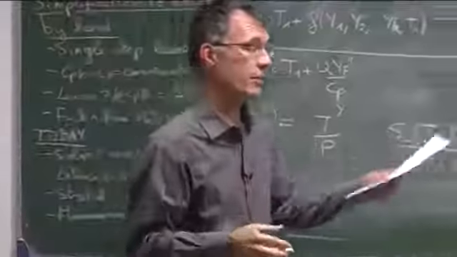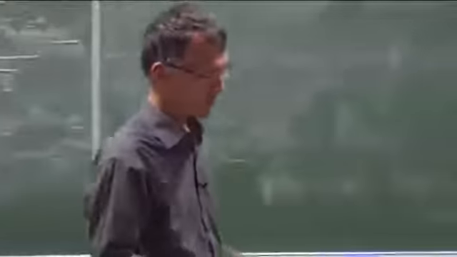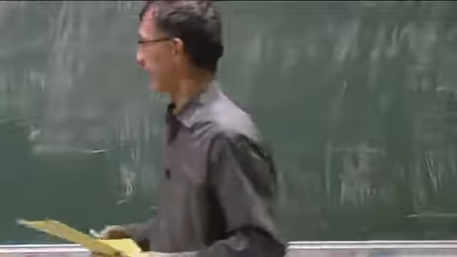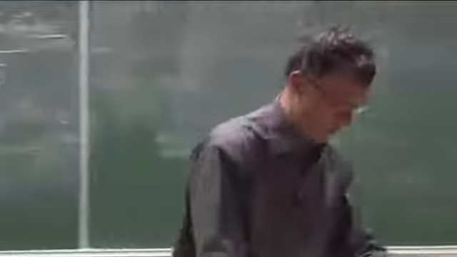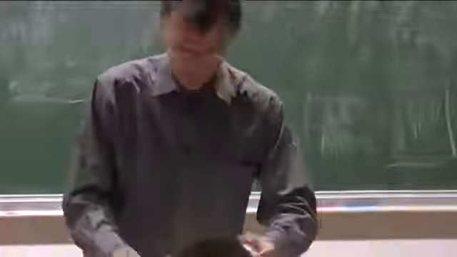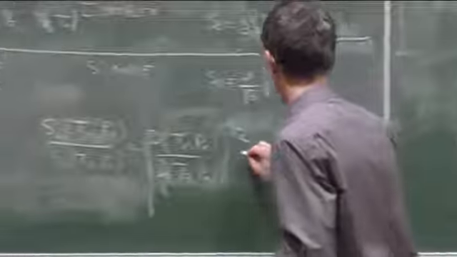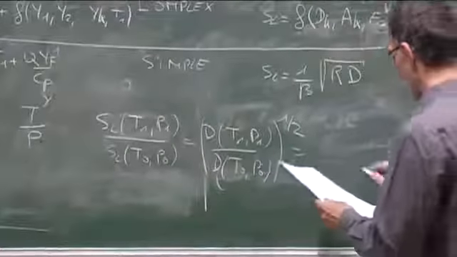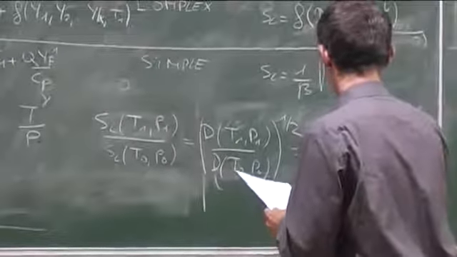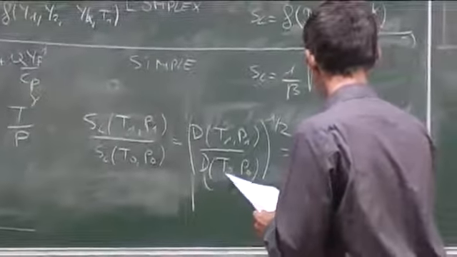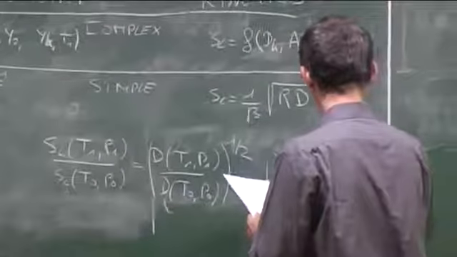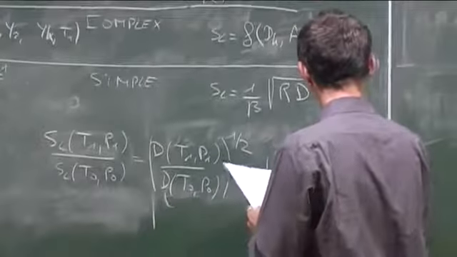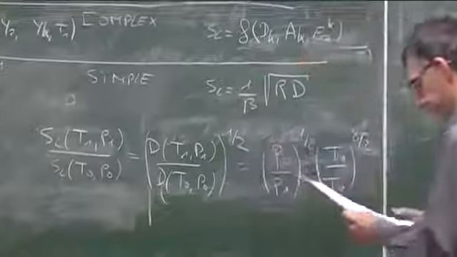Okay, because it changed like the square root of that. So it tells you, for example, that if you replace now the dependence of diffusivity on pressure and temperature, you will find that this number changes like P0 divided by P1 to the power 1/2 and T1 divided by T0 to the power gamma over 2.